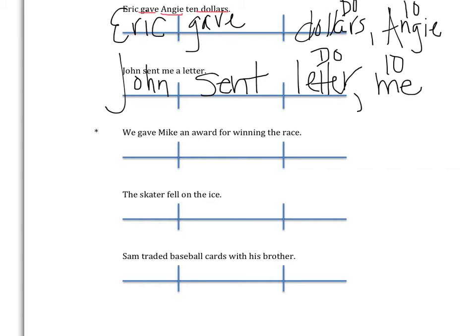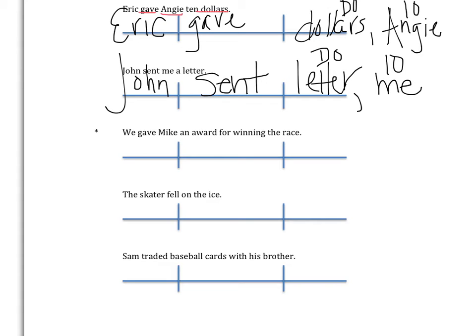Okay, in this next set, there may or may not be indirect objects. There might be just a direct object, or there might not be either. You kind of have to figure it out. So, we gave Mike an award for winning the race. And again, you should be trying these yourself first, stopping the video, and then coming back to the video to see if you got them right.